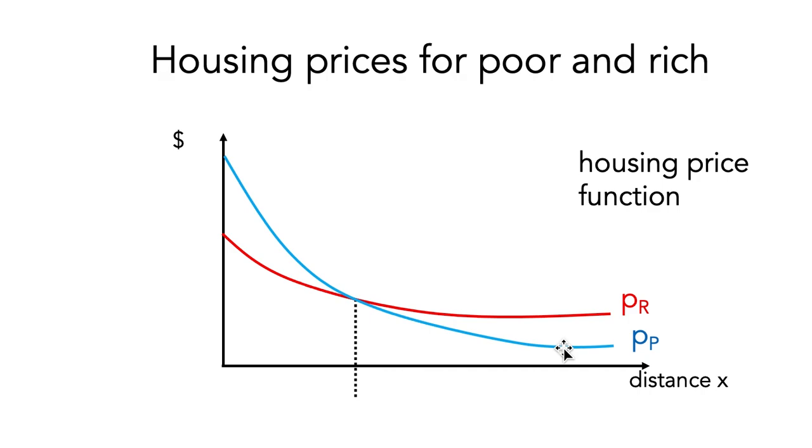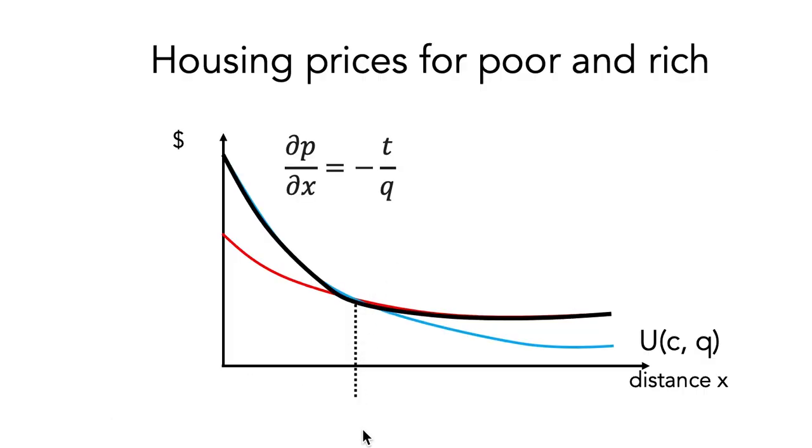Now, what explains these differences? What explains the difference is the effect of income on spatial structure. You remember that an increase in income means an increase in dwelling size. So an increase in income gives the household an incentive to move further from the core. I think this is easy to understand in this intersection. In this intersection, the distance is the same for the poor guy on the blue line and the rich guy on the red line.